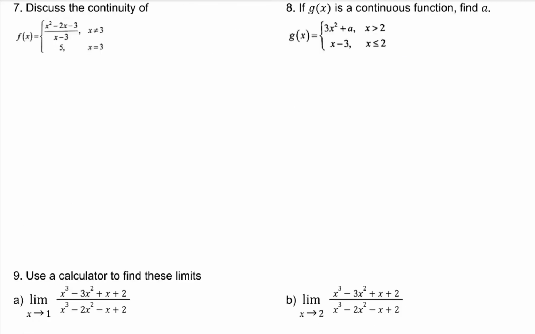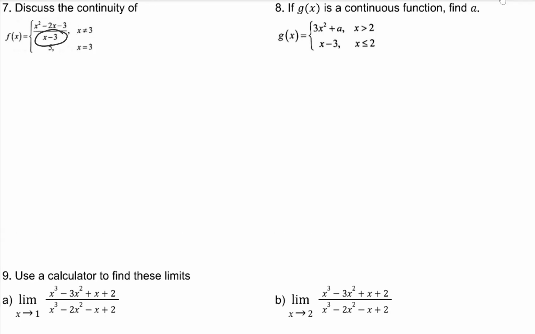Discuss the continuity of f of x. This is a piecewise function that doesn't have a left-handed piece and a right-handed piece. For all x's, it's defined as this rational function, and then for this one value of x, it's defined as 5. So we know that x can't equal 3 because that would make the denominator equal to 0, but I would like to know what the behavior of this rational function is at 3.